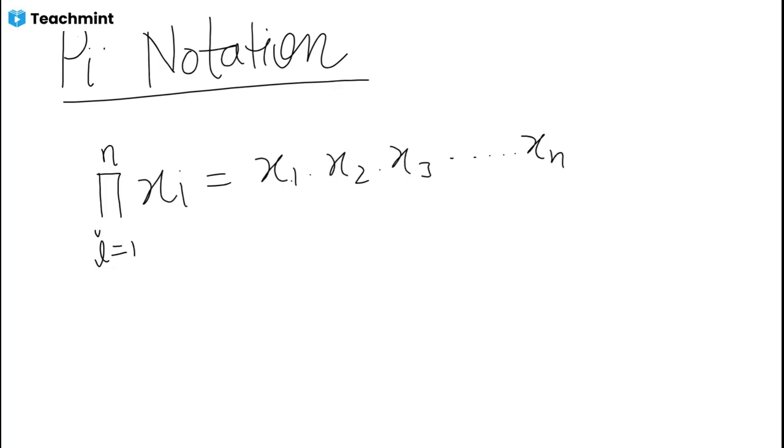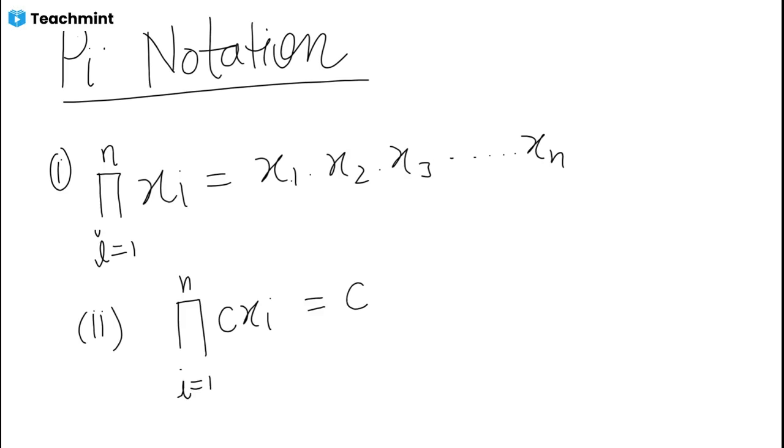Similarly, this is the first property, and now let us do the second. When we multiply a constant value with the terms, what will we get? Pi, i is equal to 1 up to n, of c xi is equal to c to the power n times pi, i is equal to 1 up to n, of xi.